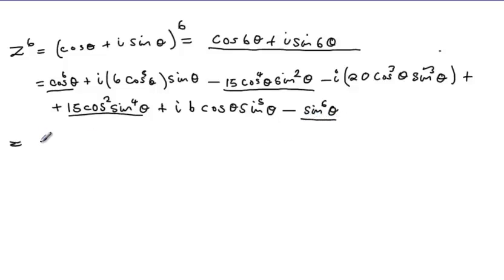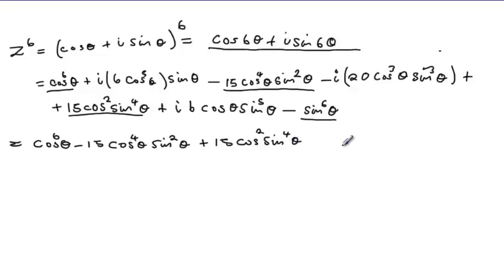So we write those as cos theta, that's cos power 6, minus 15 cos theta to the power 4, sine power 2 theta, plus 15 cos power 2 sine 4 theta, that's minus sine power 6, that is theta, plus i, in brackets, i collect all the imaginary parts.